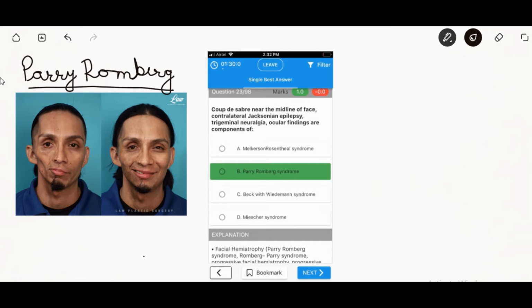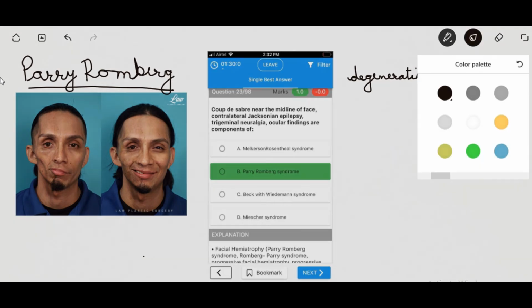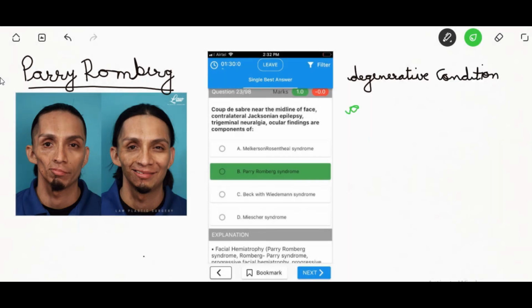Now what is Romberg syndrome? It is a degenerative condition characterized by atrophic changes affecting one side of the face. So what you will see is the atrophic changes on one side of the face.